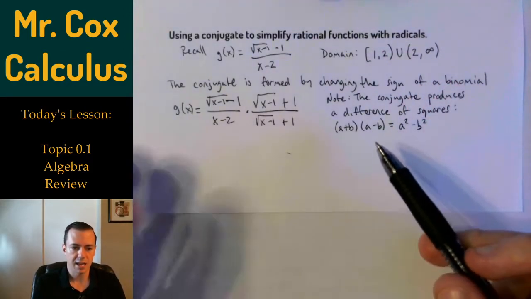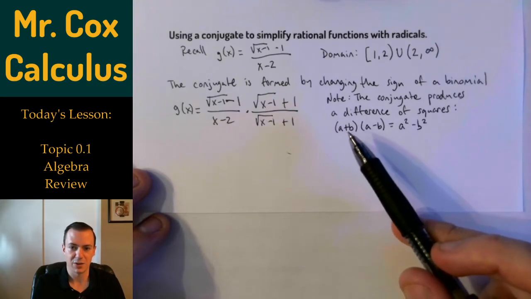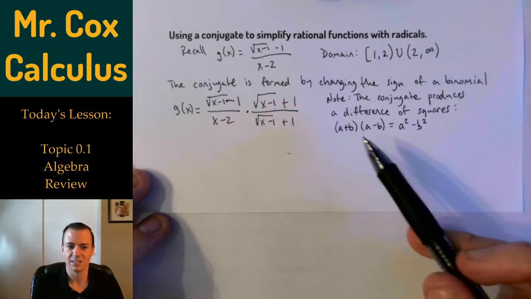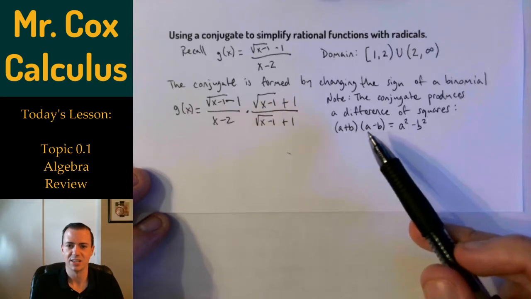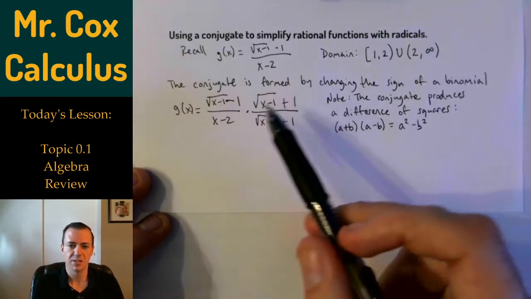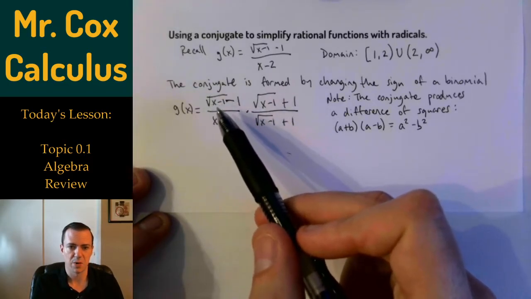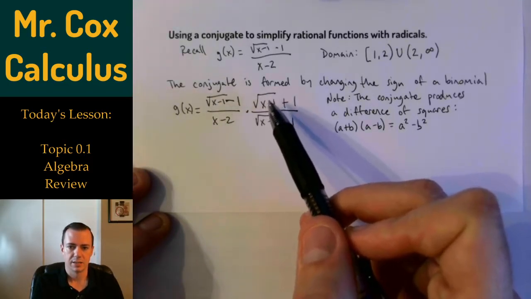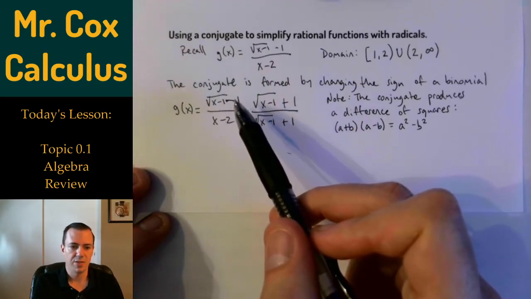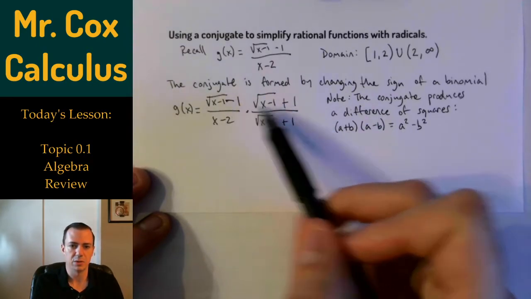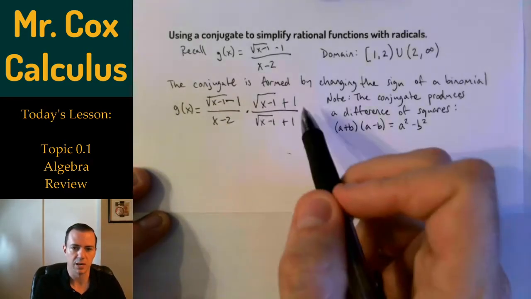And as long as a and b can easily be defined, and you can see that they are the conjugates of each other because the sign changes, then I produce the difference of squares. That's what happens in the numerator here. I have a, which is the square root of x minus 1, times a, and the only thing that changes is the sign between minus 1 and plus 1.